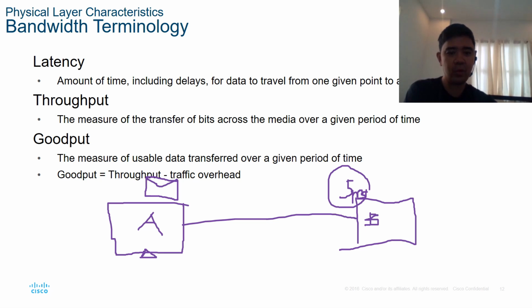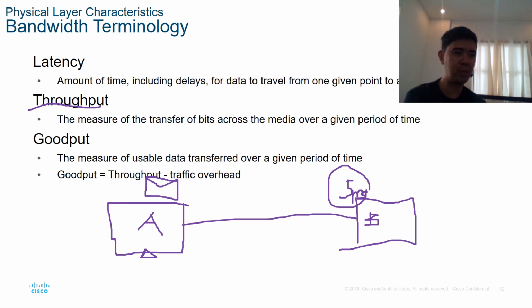Throughput is the actual speed. When we talk about throughput, this is the actual speed. Say for example with the internet, we subscribe to a 5 Mbps plan. That's the bandwidth of our internet plan, a DSL plan, for example.